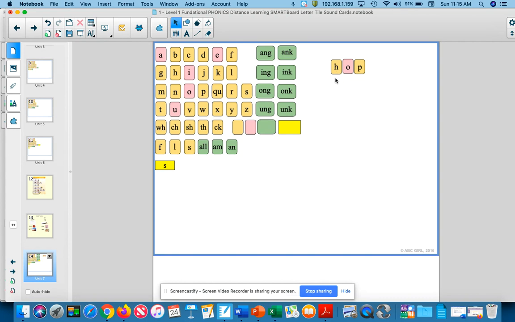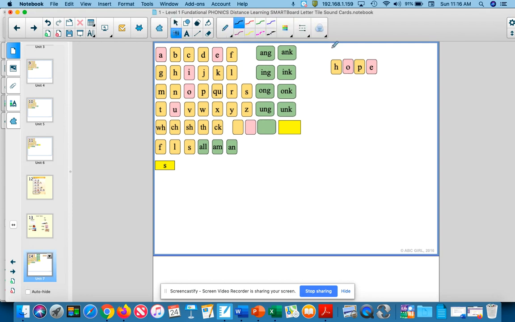So let's start with this word. We have hop. What we're going to do is add an E, and it becomes hope. This E is kind of magical because it changes the vowel sound and makes it say its name.